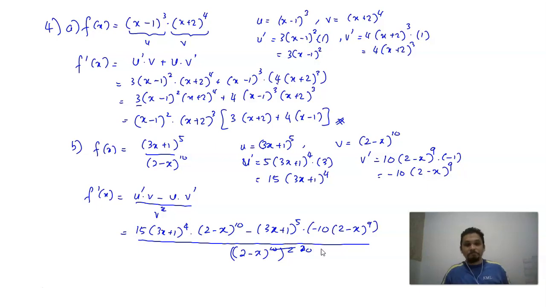Okay, now look at this one here, because the denominator is only 2 minus x. Now, (2 minus x) to the power of 10, power of 9, and power of 20 is just like b to the power of 10 minus b to the power of 9, divided by b to the power of 20.